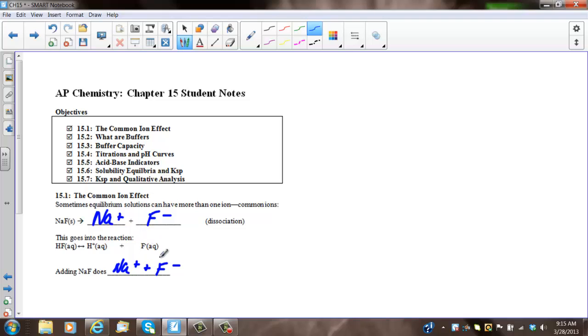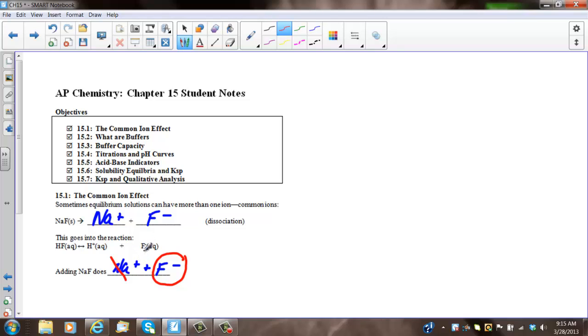We're not interested in the Na plus because that doesn't appear anywhere in the reaction. However, the F minus is a common ion to the F minus in the HF aqueous solution.